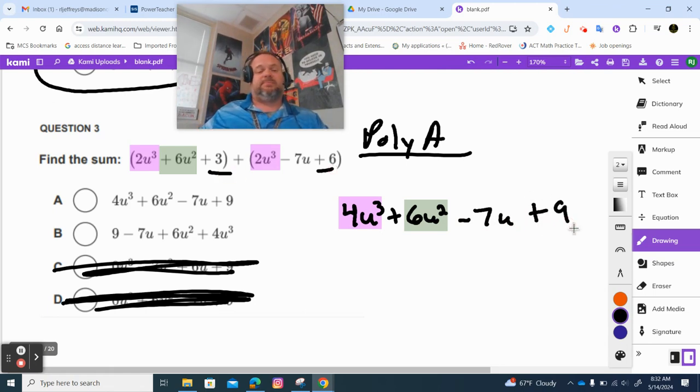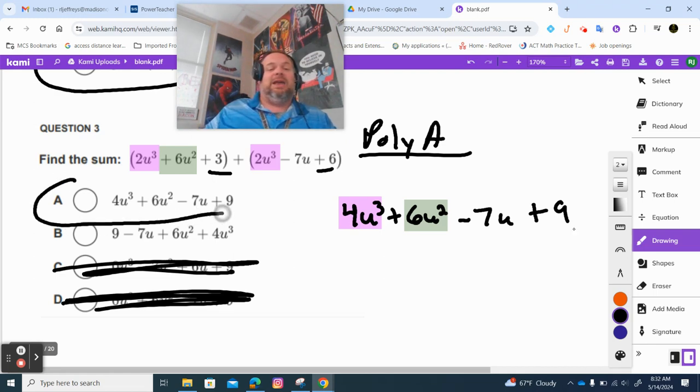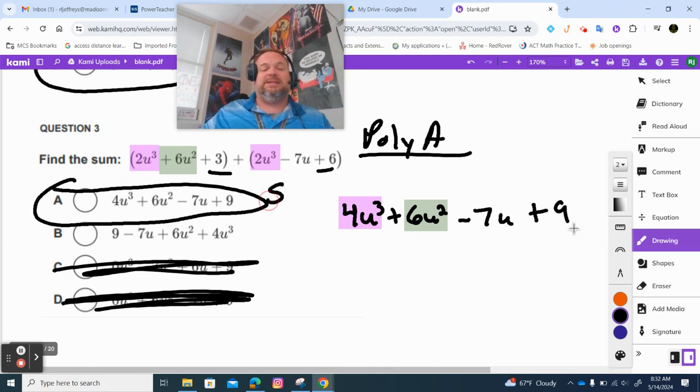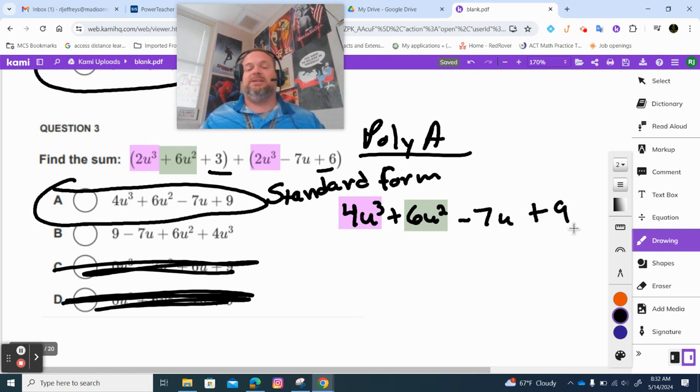Now, one of these is right, one of these is wrong. Somebody's like, but they have the same stuff. Well, yes and no. A is right because it's in standard form, which means that the exponents go from the highest to the lowest.